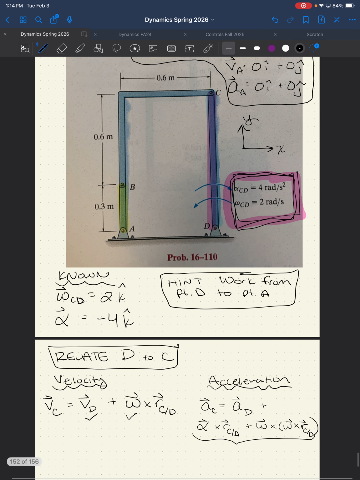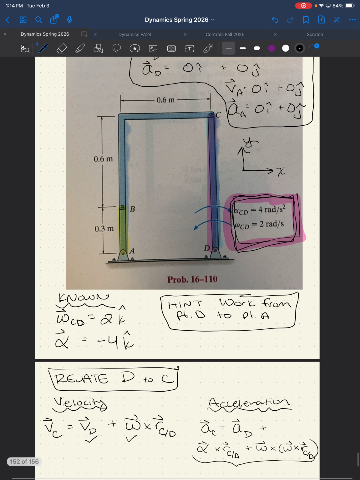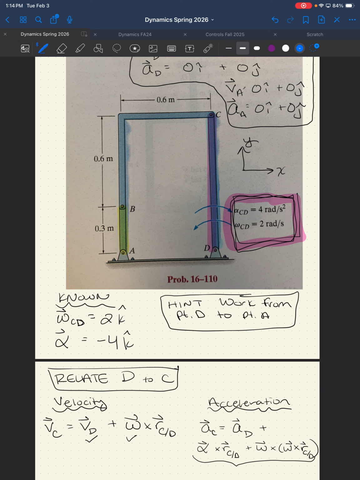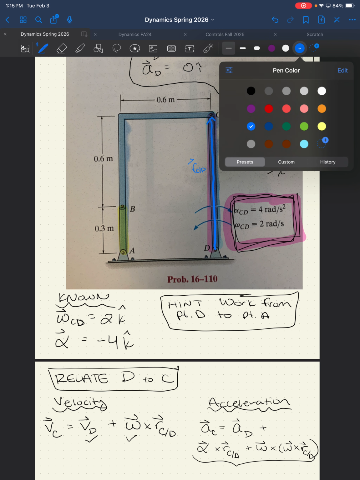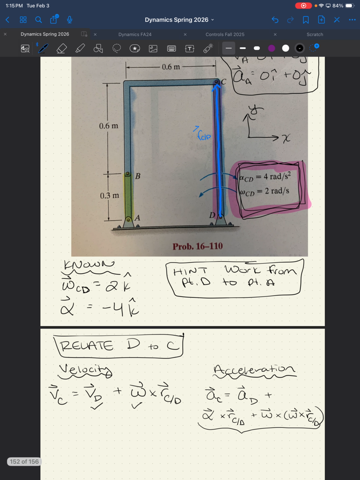Let's do acceleration. Acceleration of D. What is it? 0. 0. Someone's awake. Great. Goes to 0. So AC equals alpha, which is minus 4k hat, cross RCD, which we said was 0.9 j hat, plus, I'm going to be a little sneaky here.